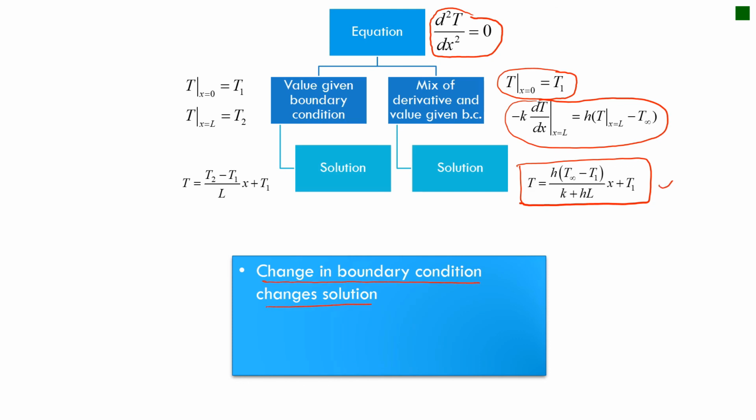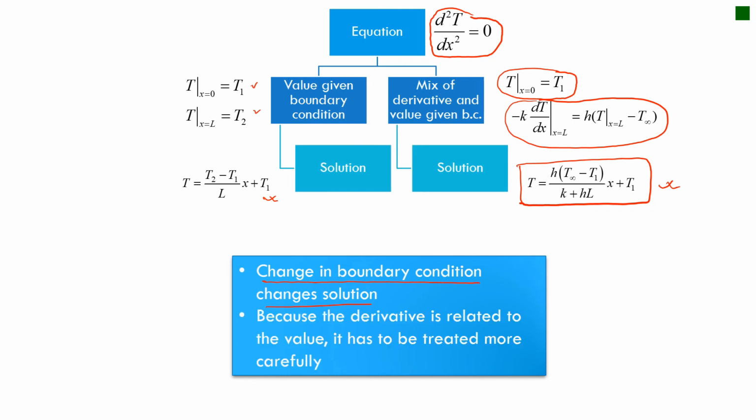So the solution now is different from the case where the boundary condition was value given on both ends. The other interesting part is that this boundary condition is a little bit tricky to use, because here the derivative of the function is related to the value. It just has to be done in a more careful way.